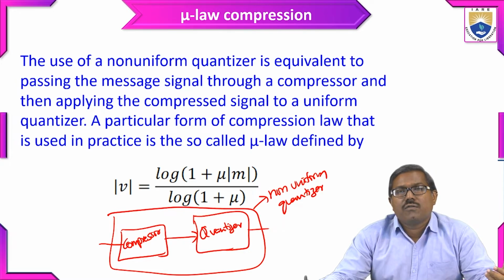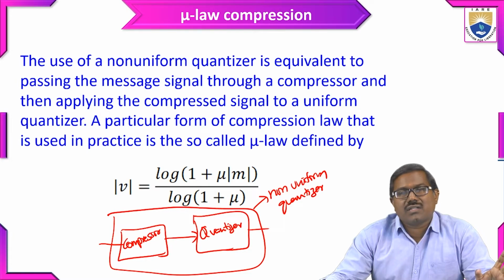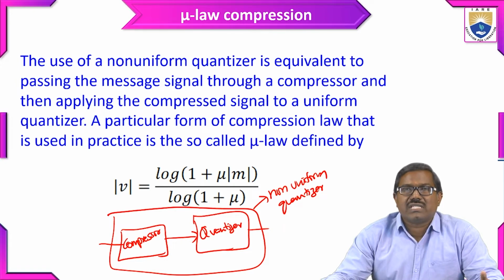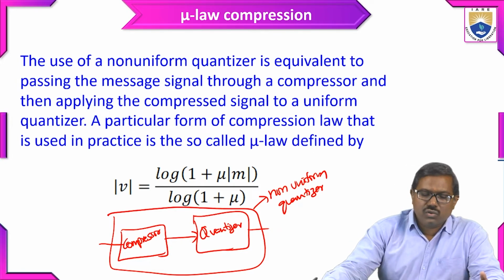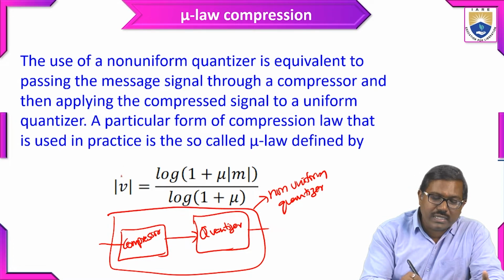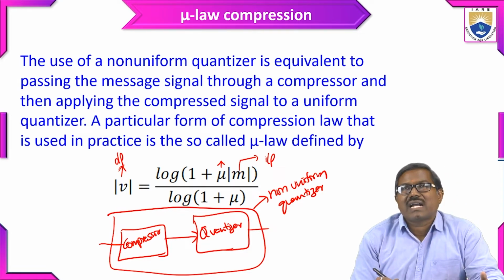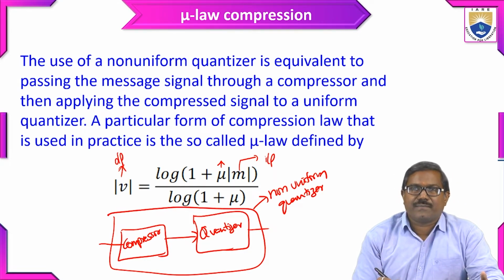How is this compression done? Here we follow two laws: one is the mu law and another one is the A law. The expression shows three variables: V is the output, M is the input, and mu is the compression parameter.